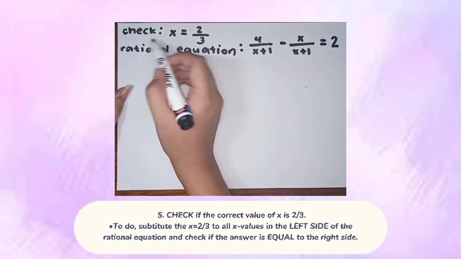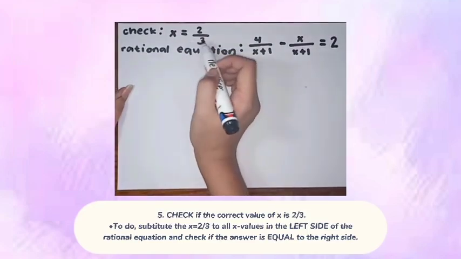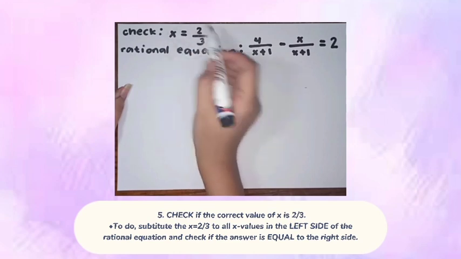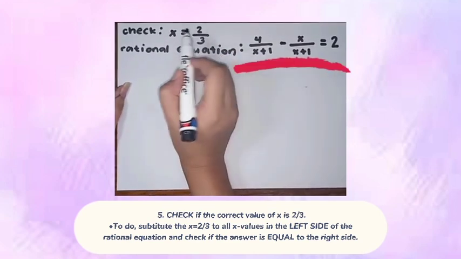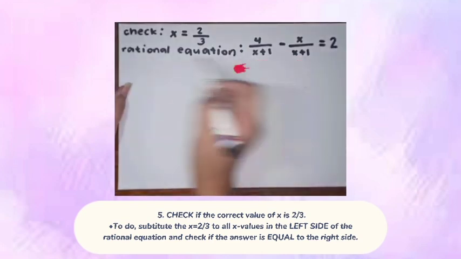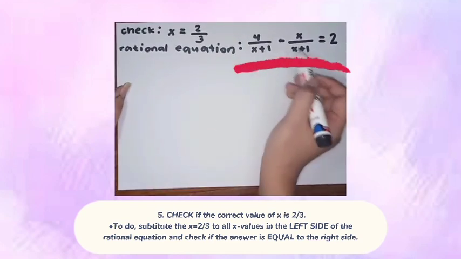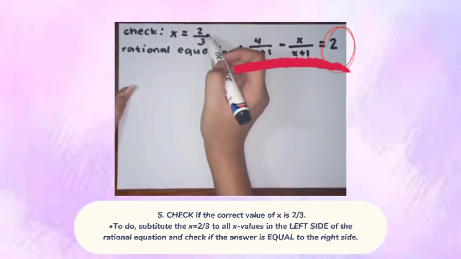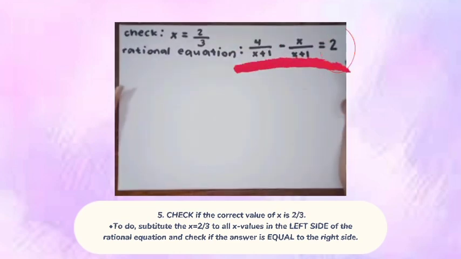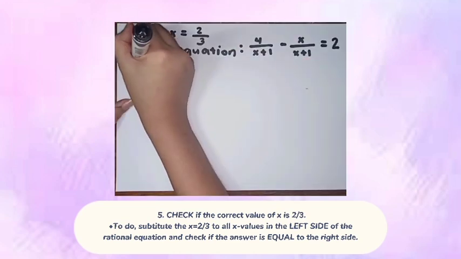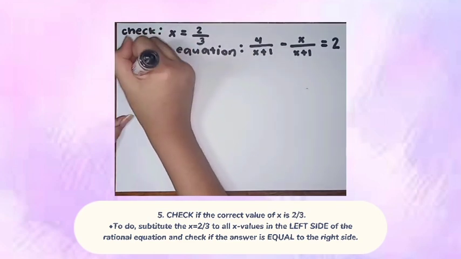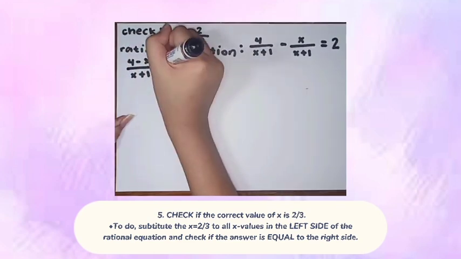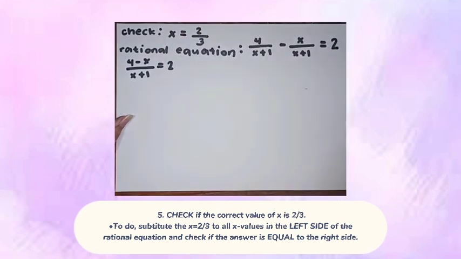To check if x is really equal to 2 over 3, we can substitute 2 over 3 to all the x values in the rational equation and check if the answer is equal to 2. Since the denominator is similar, we can simply write it as 4 minus x over x plus 1 equals 2.